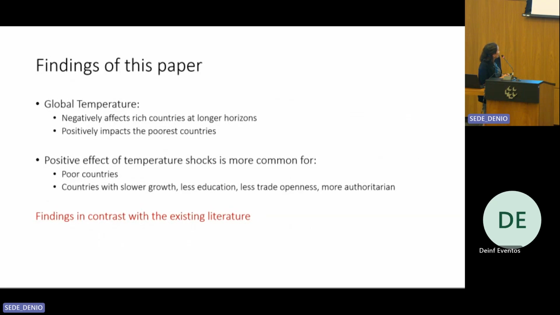So again, this positive effect of temperature shocks appears to be more common for poor countries and for countries with slower growth, less education, less trade openness, and more authoritarian regimes. So clearly, some of these findings are in contrast with the existing literature, which is pretty interesting.